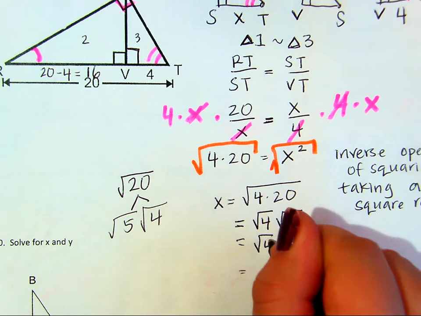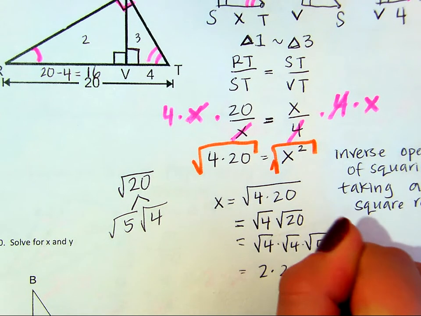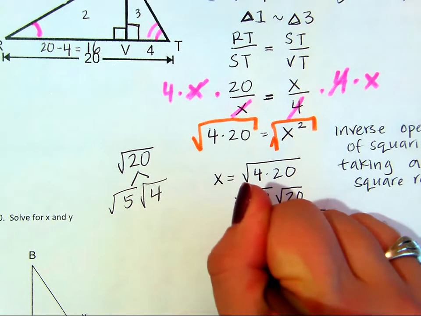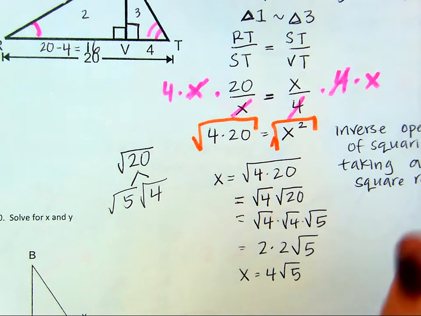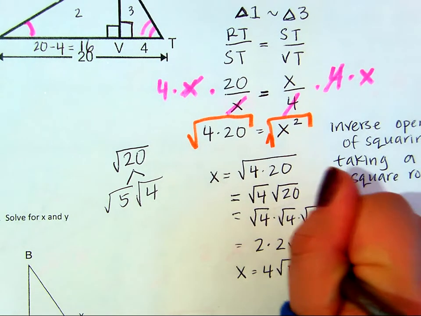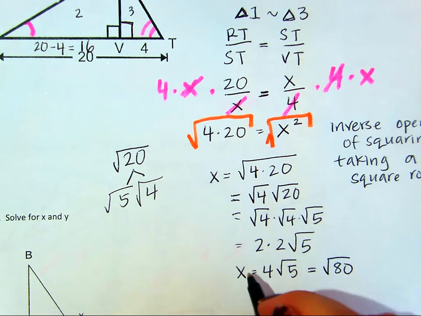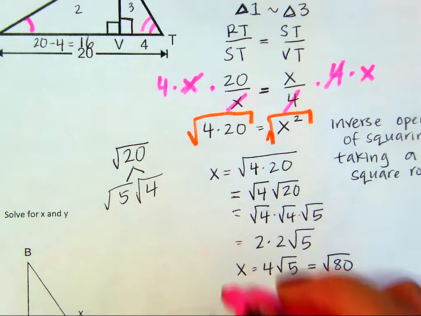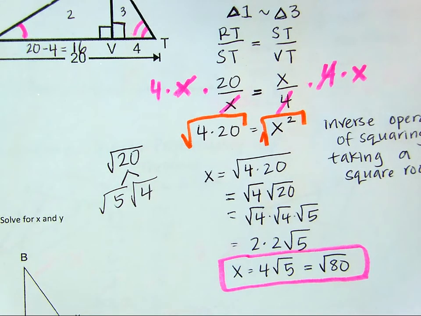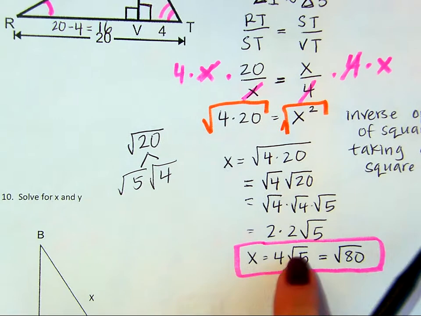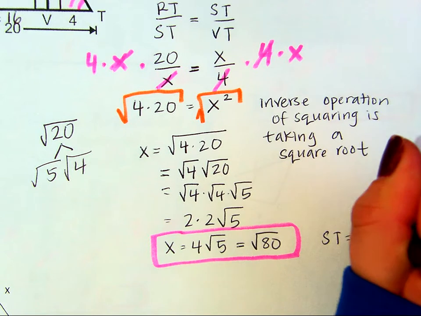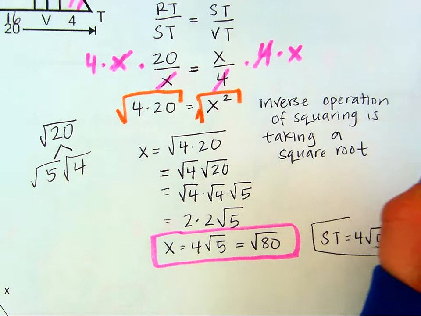Square root of 4 is 2, square root of 4 is 2, square root of 5. So x equals 4 square root of 5. 4 times 20 is 80. This is equivalent to the square root of 80. And if you guys remember, this was ST. So ST is 4 radical 5, or the square root of 80.